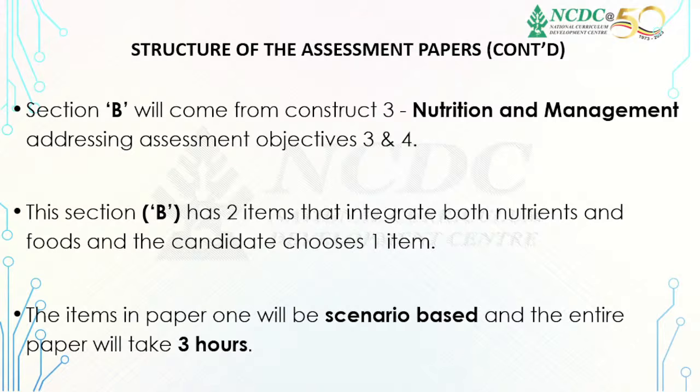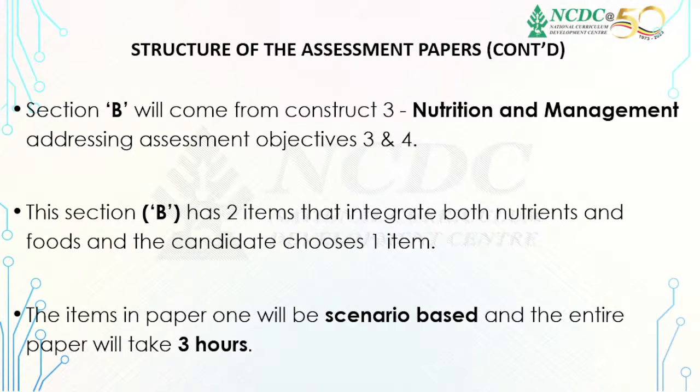So at the end of the day, candidates will take 3 items: the 2 which are compulsory in section A, and then the elective or the choice from section B. All these items, remember, are scenario based. And the paper will take about 3 hours.